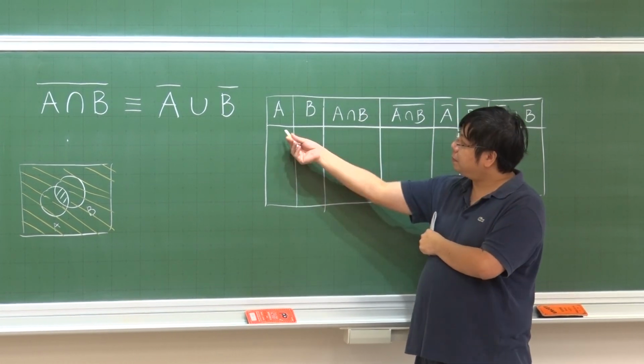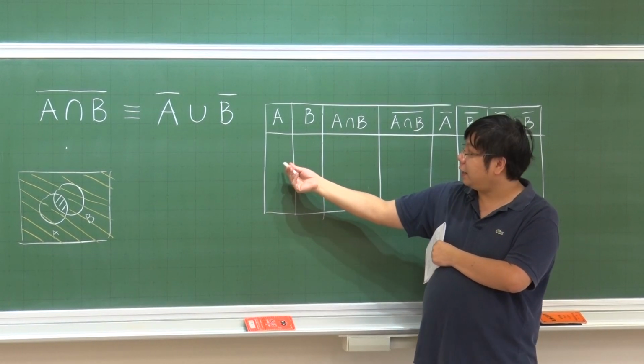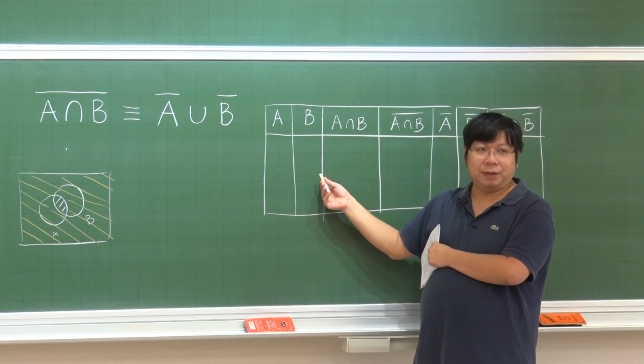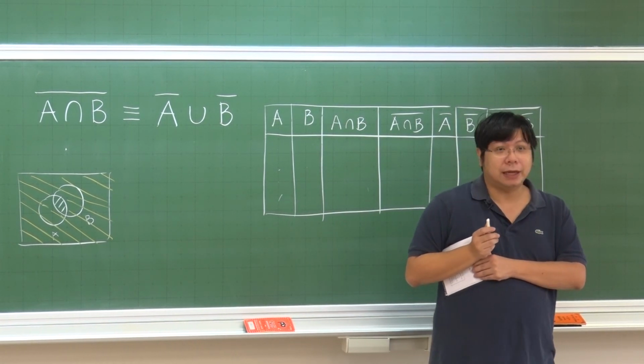Either this item is in both A and B, or just in A but not in B, or not in A but in B, or not in A and not in B.